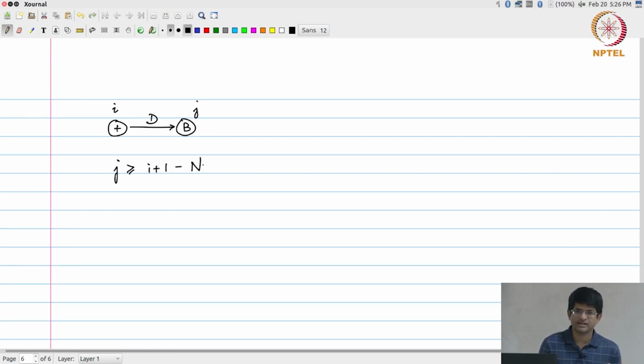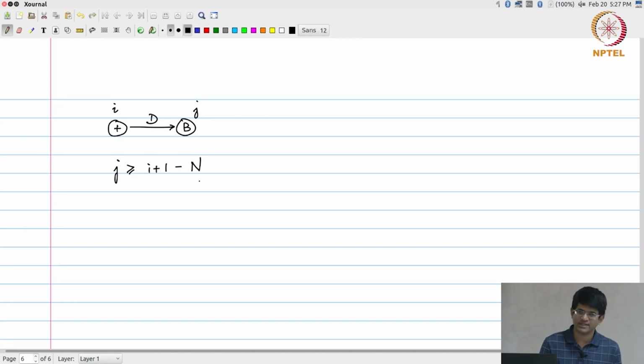Because n is the number of clock cycles required to complete one iteration of this data flow graph, which means that the previous sample corresponding to whatever is being produced by the adder and consumed by the module B would have been produced n clock cycles earlier. So as long as j is greater than or equal to i plus 1 minus n, I am fine.